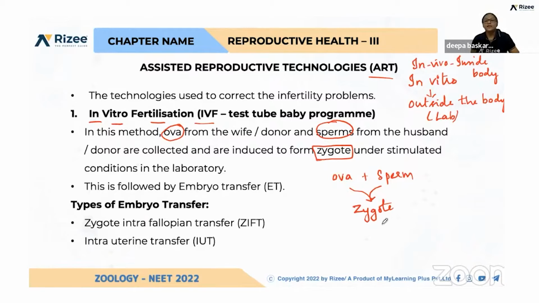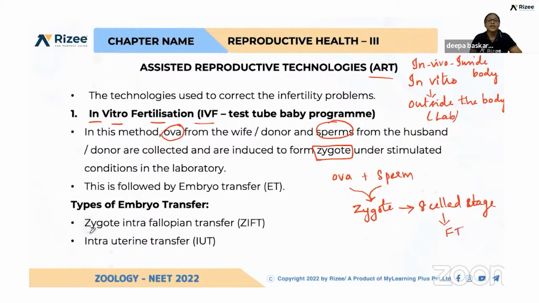See here, it is directly transferred, because only after the 32 cell stage is the blastocyst implanted in the uterus during the implantation procedure. But here the zygote, at the 8 celled stage, is inserted into the fallopian tube or oviduct.